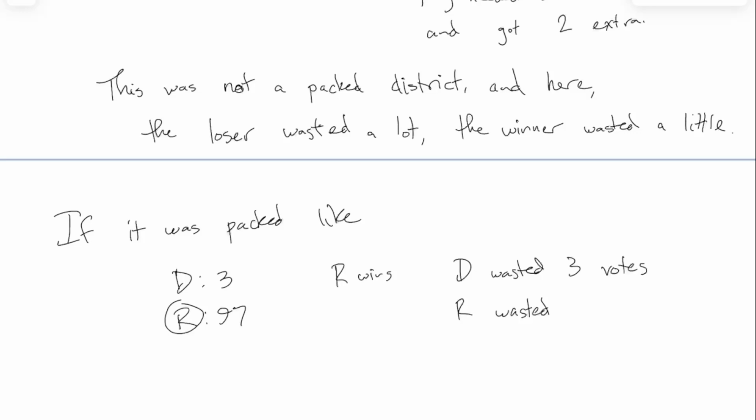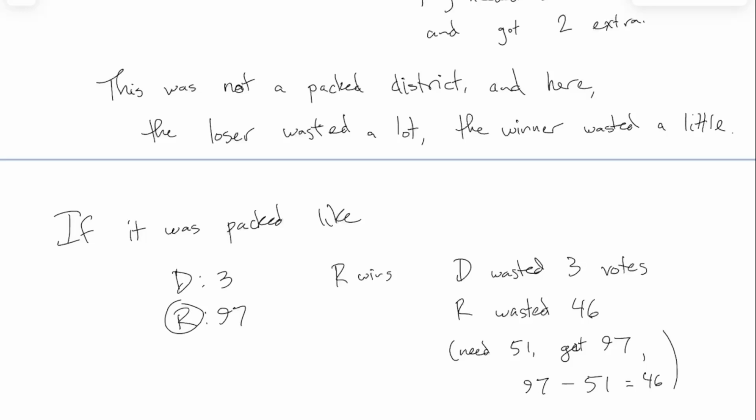This is how many extra did they get beyond what they need? What they need to win is 51. Again, because there's 100 total voters here. They need 51 to win. They got 97, which is an extra of 46, I think. So R wasted 46. That's because they need 51. They got 97. And, you know, if you want to be explicit about this, it's 97 minus 51, which is 46. All right. That's how you figure out how many exactly they wasted.